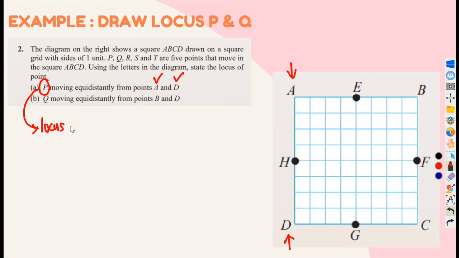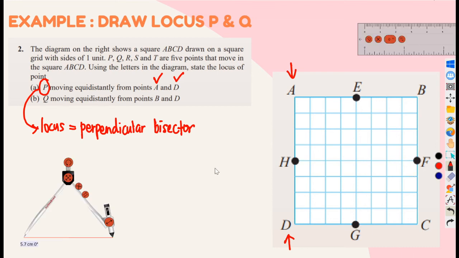The locus that you need to draw is the perpendicular bisector, from two fixed points, this one A, this one D.